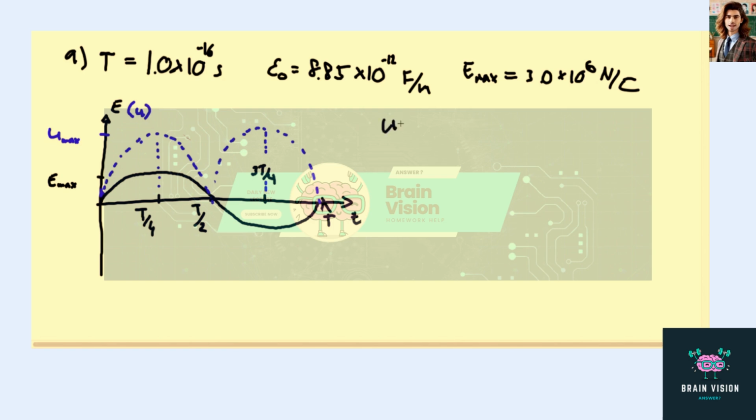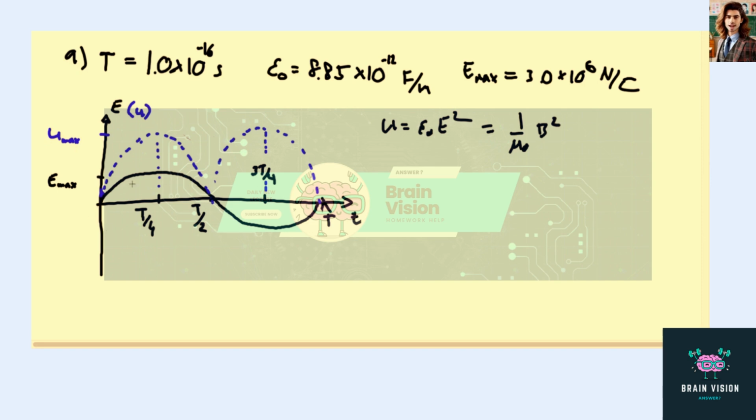So U, remember, is epsilon 0 times E squared, which is equal to 1 over mu 0 times B squared, where E and B are the wave's fields, epsilon 0 is the permittivity of vacuum, and mu 0 is the permeability of vacuum. If you square the function, this is roughly what it's going to look like, as in this diagram.